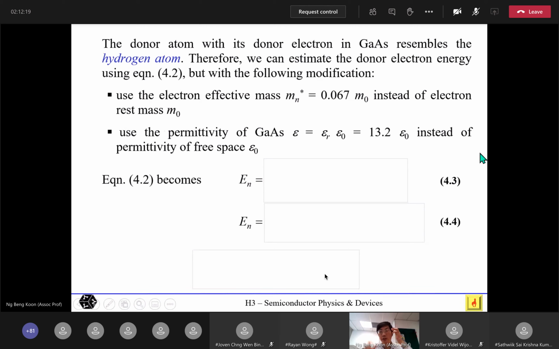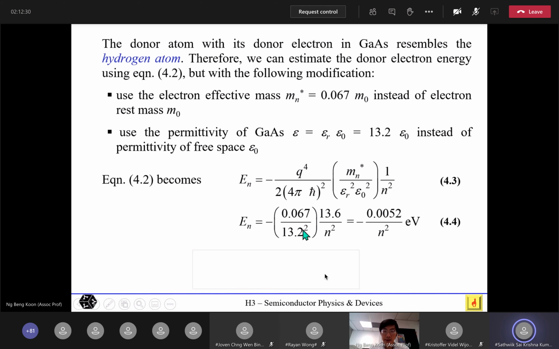In a material, the permittivity is higher. If you modify the energy equation of hydrogen and substitute in all the values, it becomes minus 0.0052 over n squared. So the energy of this fifth electron of the donor impurity atom in the crystal is given by this expression, where n is a positive integer.